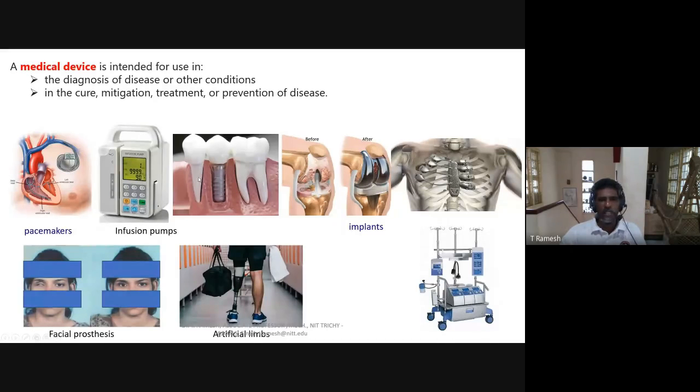Then infusion pumps, and this is one such. Normally many persons are using it for correcting their teeth by means of bioscrews.